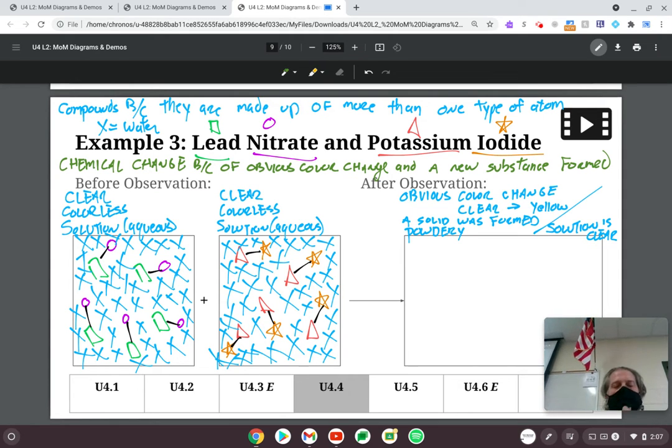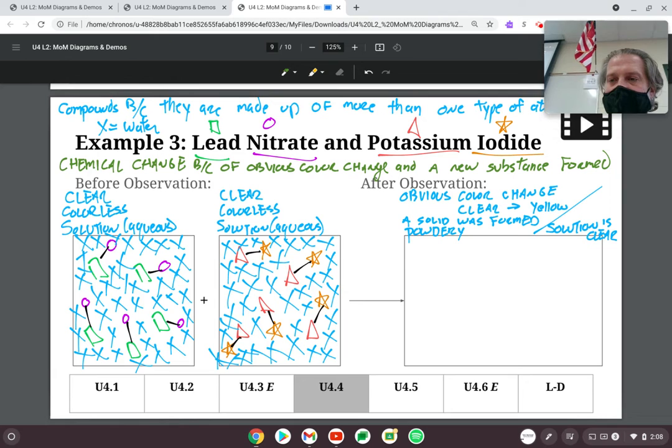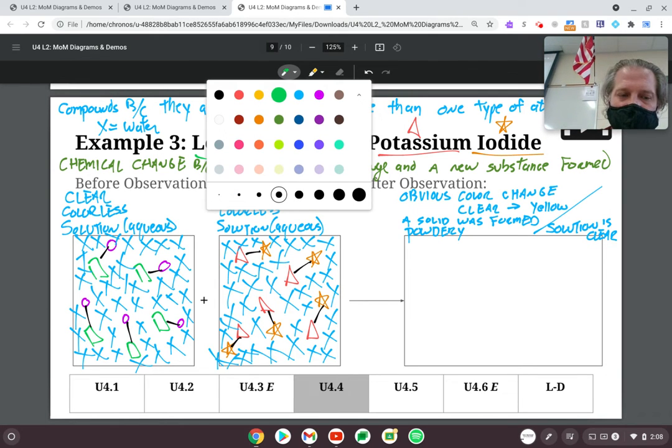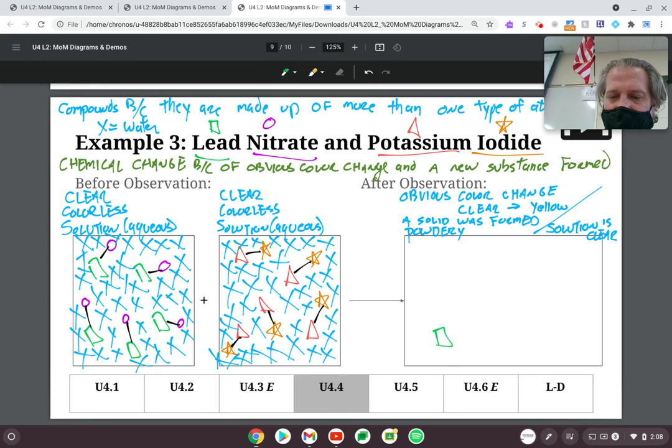Okay. Now, I'm going to tell you that essentially the lead, or the green squares, changed places with the red triangle, or the potassium. So when I draw this, it's going to become, oh wait.